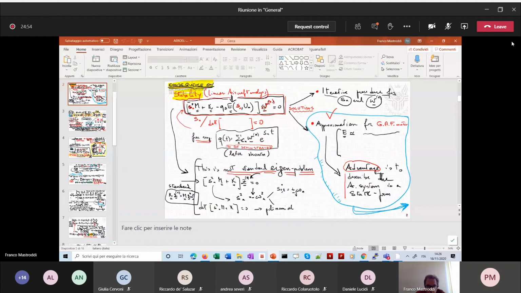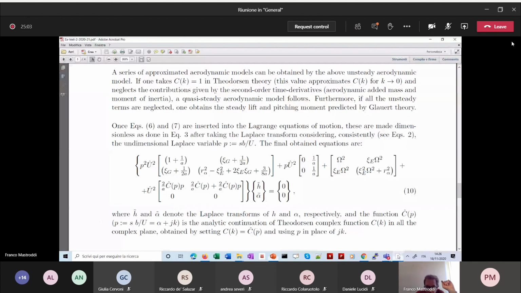Okay, this equation here is the general equation for a general aircraft, and this is the present equation for our typical section. And here we have mass, structural stiffness, and we have all the aerodynamic terms merged with the structural one.